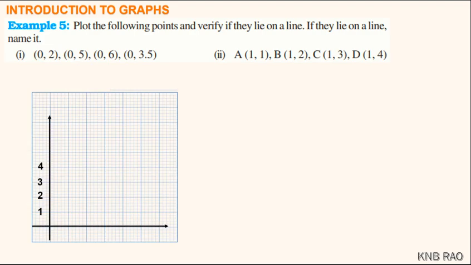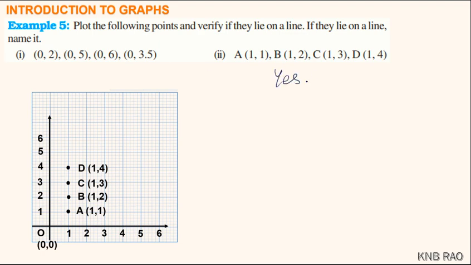Then next, question number 2. After plotting points on the graph sheet, I mean x axis, y axis, after showing them 1 comma 1, 1 comma 2, 1 comma 3, 1 comma 4. Now they are all lying on the same line. So I say first they are lying on the same line.